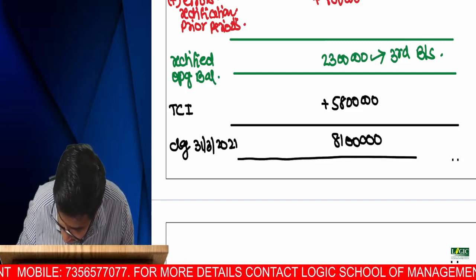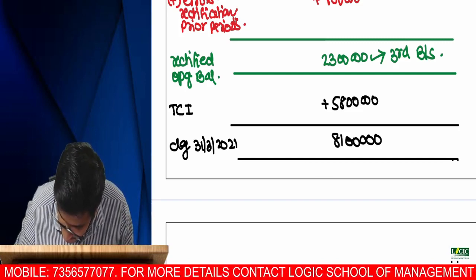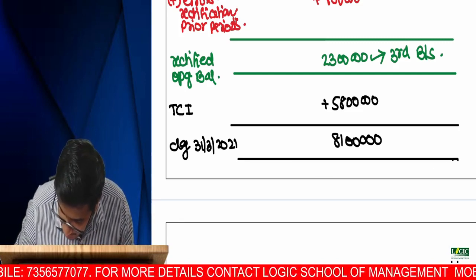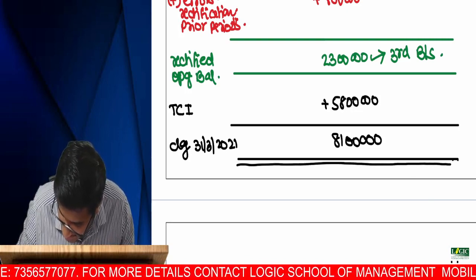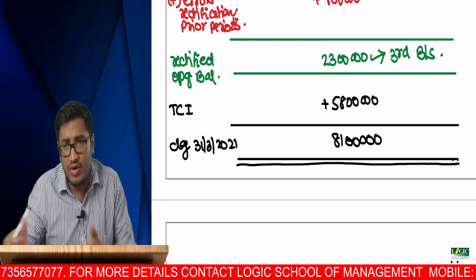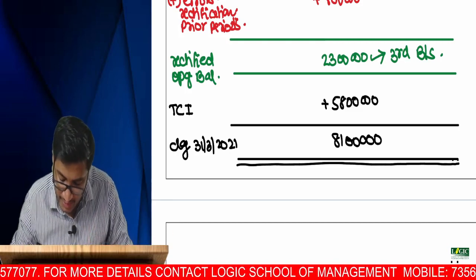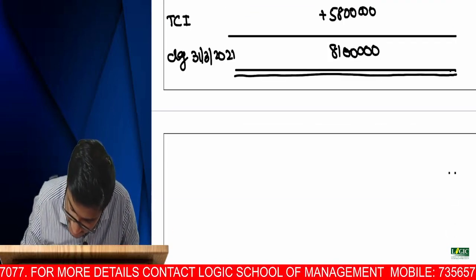This is the SOCIE for the comparative year. But in the comparative year itself, the opening balance got rectified. The respective P and L is already there in the comparative column. Just copy it.